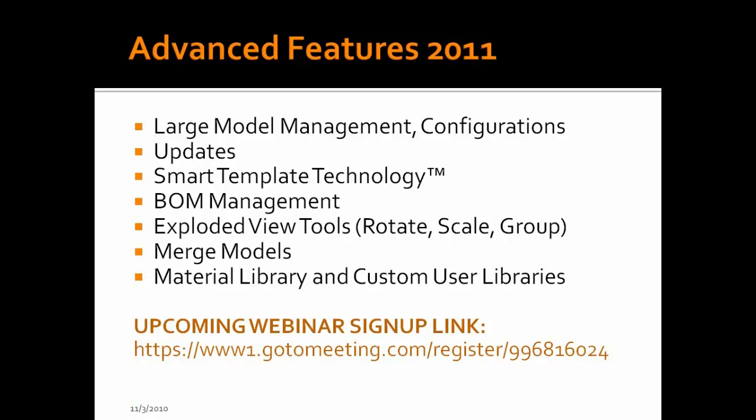It's going to cover the following: large model management, which would be a lot of configurations, the updates that we talked about. We're going to put it more depth on the smart template technology. I showed you a couple very easy ways of using that, but there's some very significant ways of tying that to configurations and to using it in even better time savings ways.